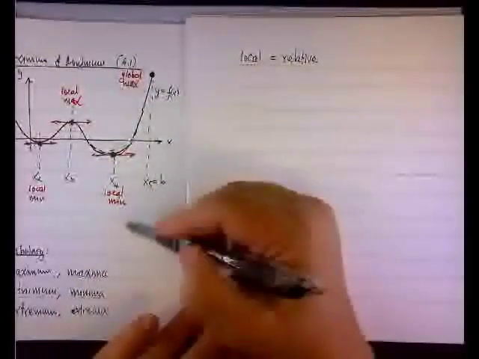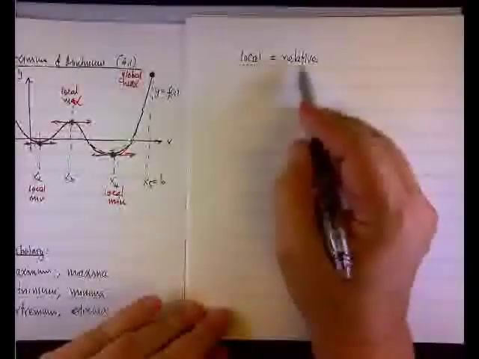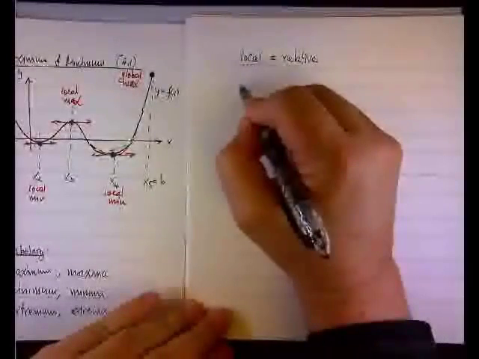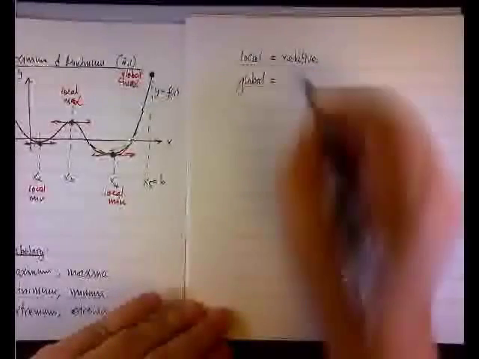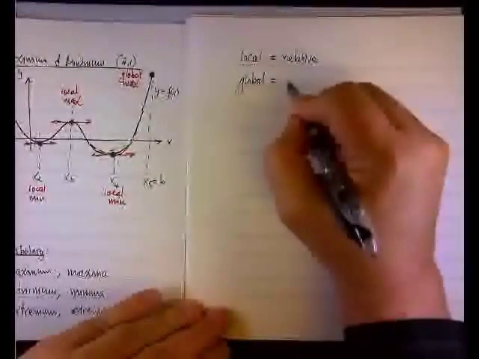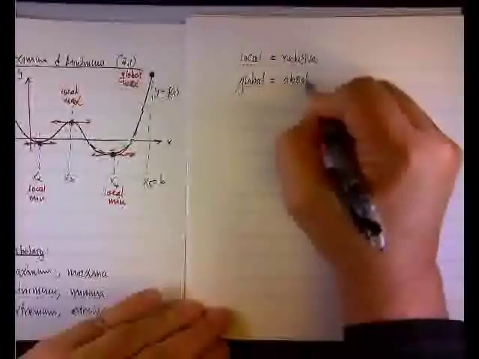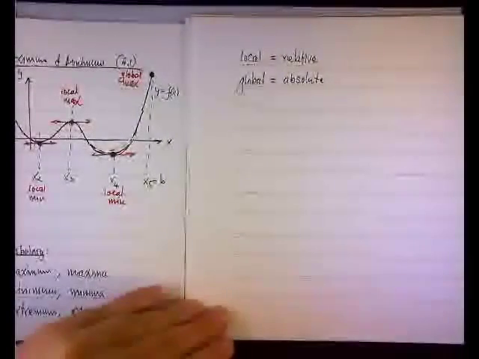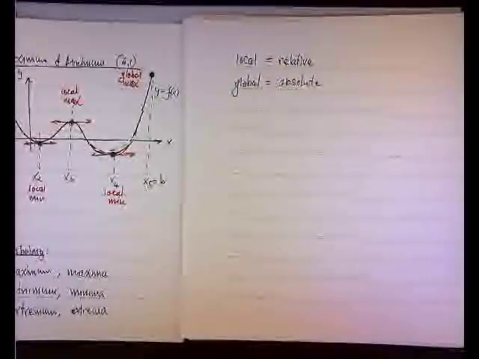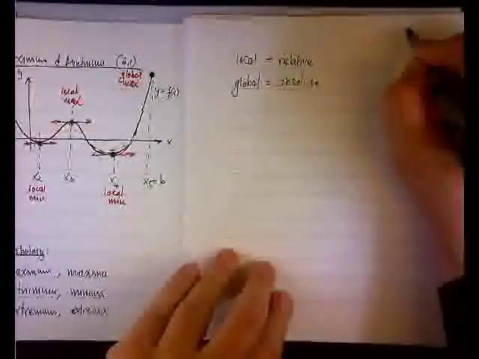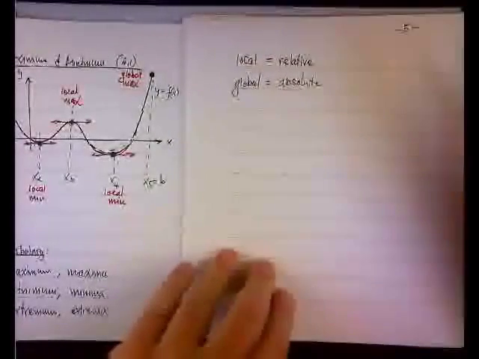So instead of local maximum or local minimum, I could have used relative, and the word global, which I used as well, is a synonym with absolute. So we go either local, global or relative, absolute when it comes to maximum, minimum. And time for me to give you the definition.